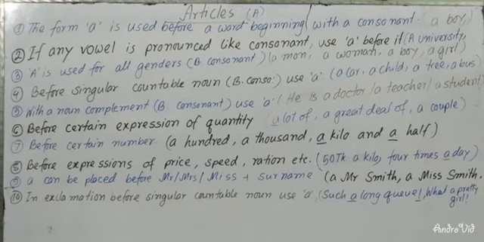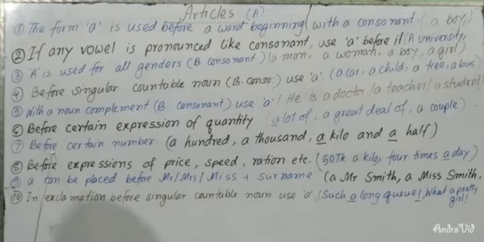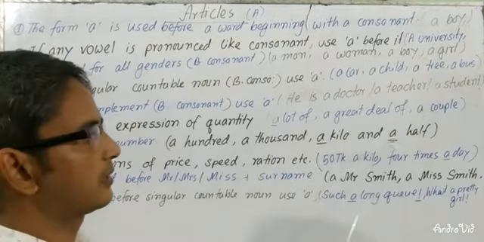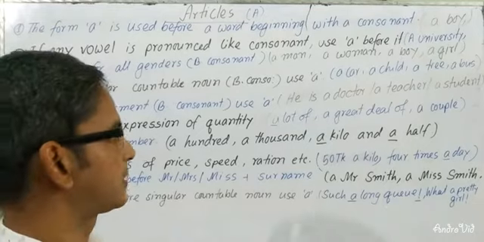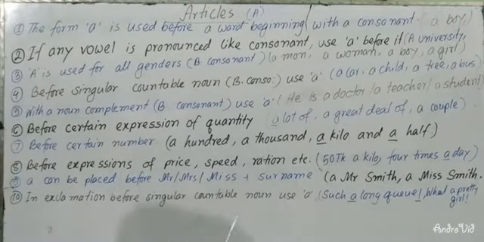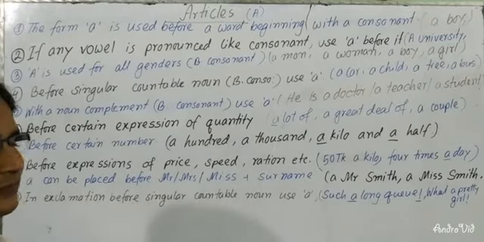Number 7, we can see here, before certain numbers like a hundred, a thousand, a kilo, and a half. Before this type of number or quantity, we use article a.